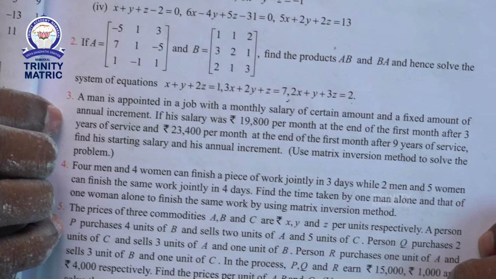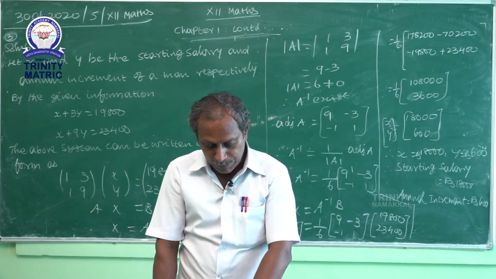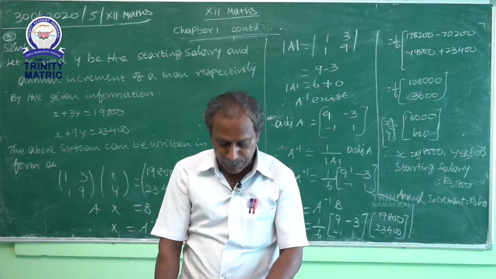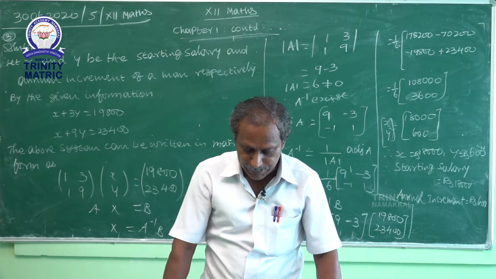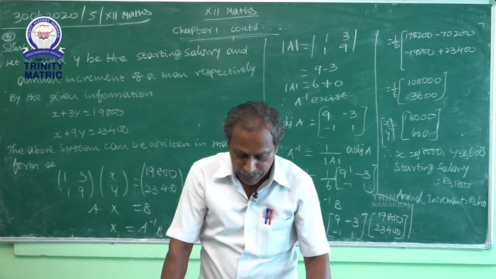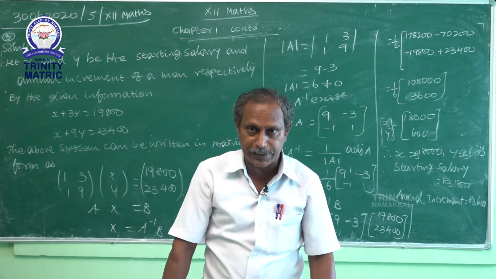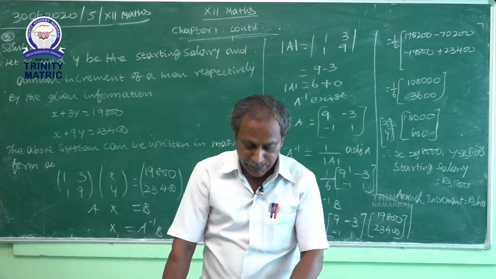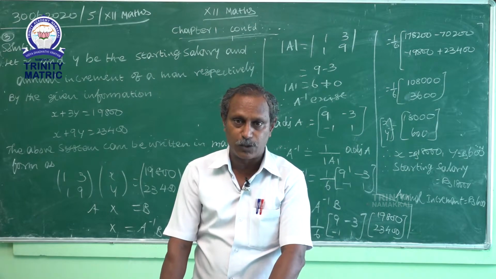If his salary was rupees 19,800 per month at the end of the first month after 3 years of service, that means after 3 years of service the first month salary is rupees 19,800. That means starting salary plus 3 years of increment, we are getting the total amount of rupees 19,800.